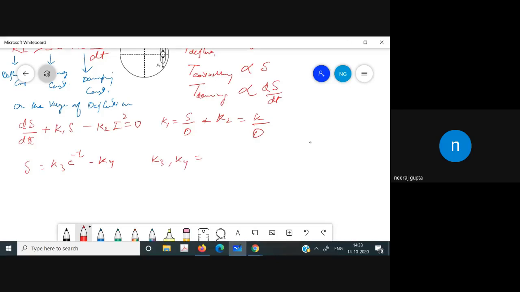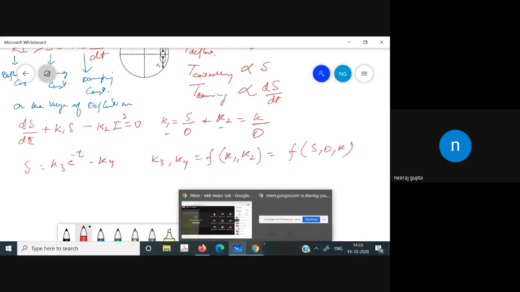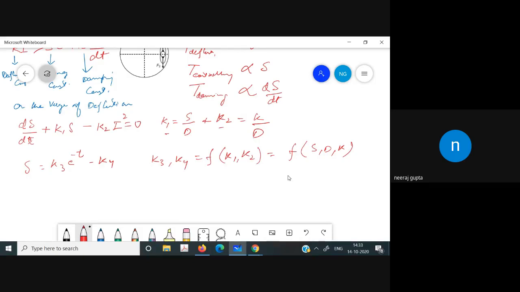These are functions of k1 and k2, which are themselves functions of S, D, and K. So some conclusions can be drawn from this equation. This is the final equation of delta.